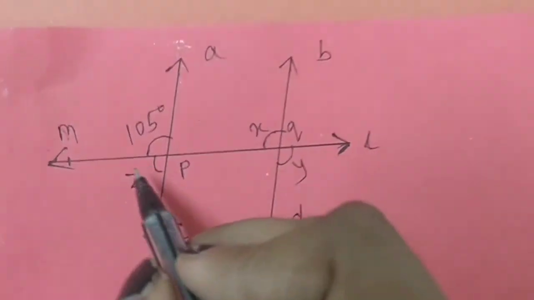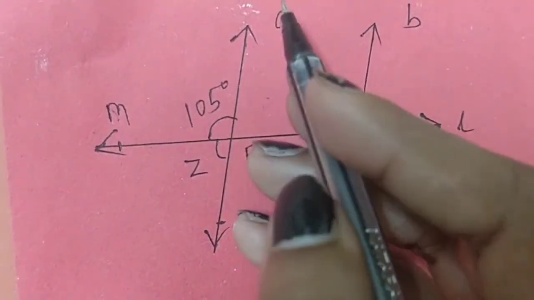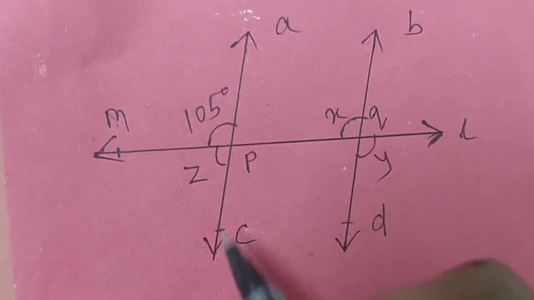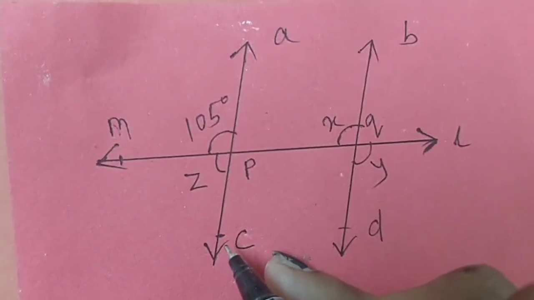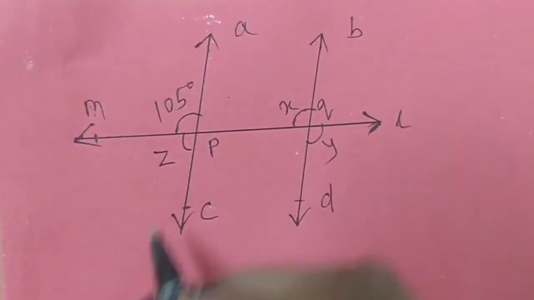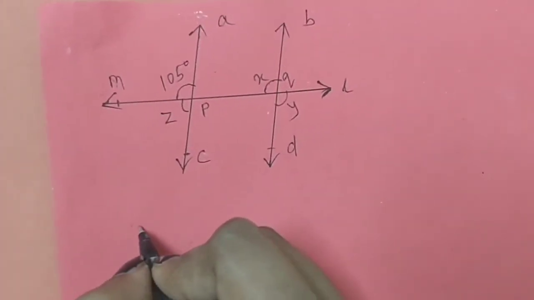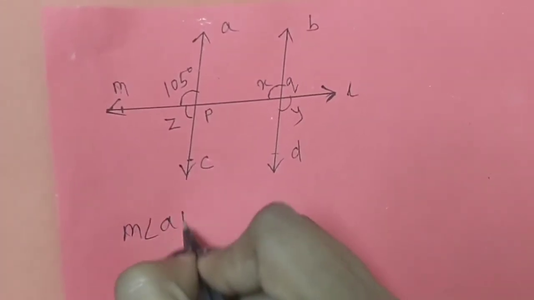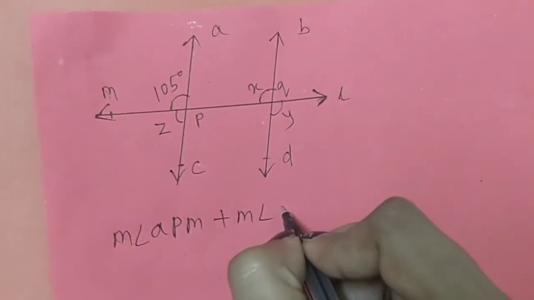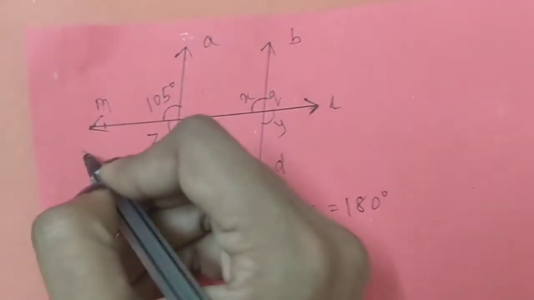Now first we'll find this angle Z, because angle APM and angle MPC are linear angles, and that's why their total sum will be equal to 180 degrees. So I am just writing here. Measure of angle APM plus measure of angle MPC will be equal to 180 degrees.